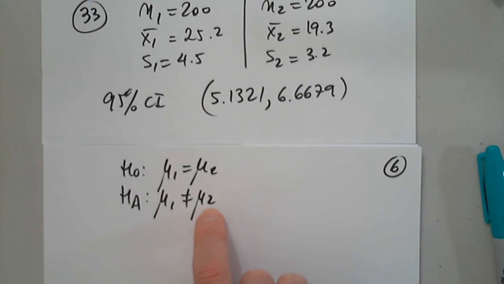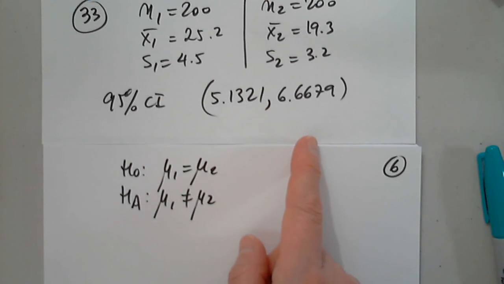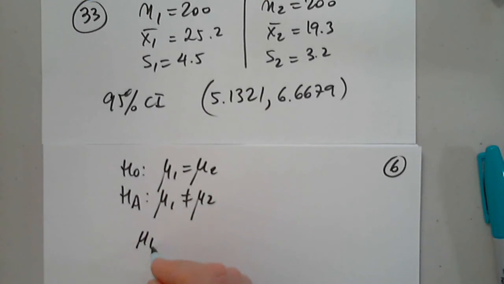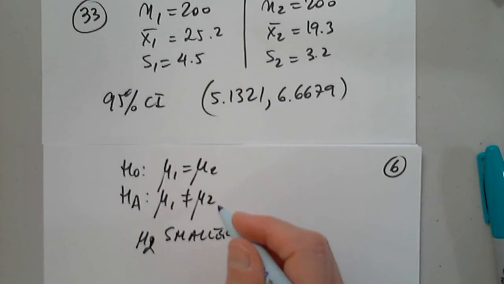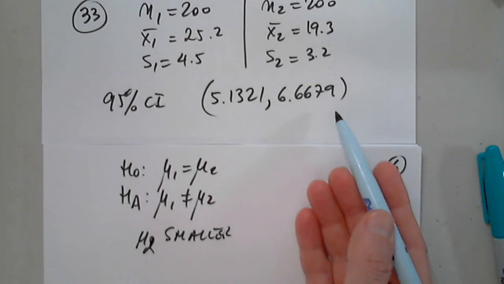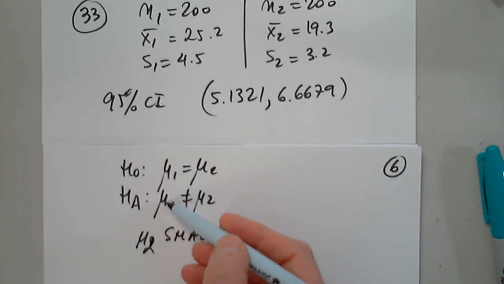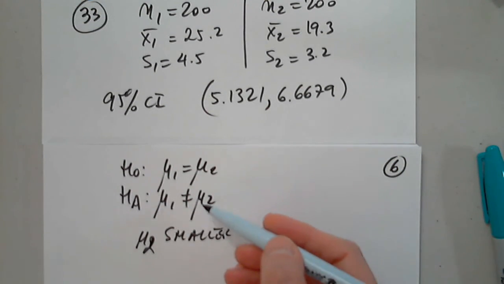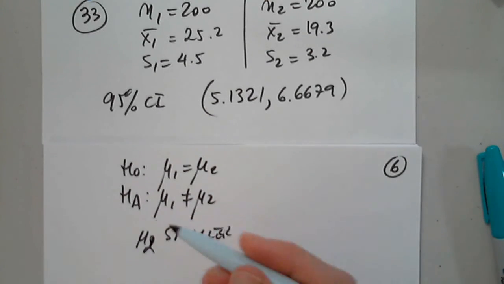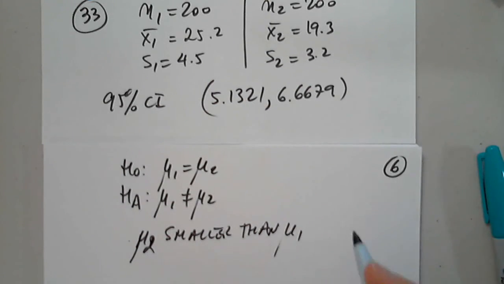So obviously, mu2 is smaller than mu1, according to this sample. I meant to write the other way around. So mu1 is bigger than mu2, because the difference is a positive number. So mu1 minus mu2 is positive because this is bigger.